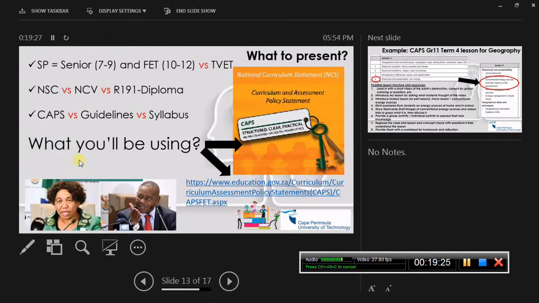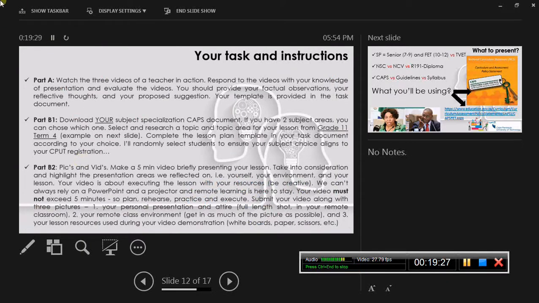Why must you get it? Because for your task you need to get your CAPS document and select an area for grade 11 and term 4. I'll show you an example. But you have to get your CAPS document for one of your subjects which you are registered for, grade 11 and term 4.